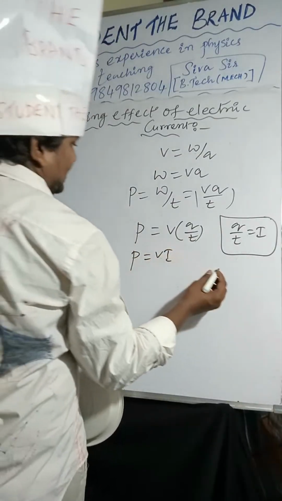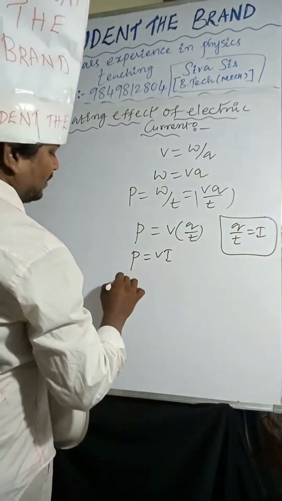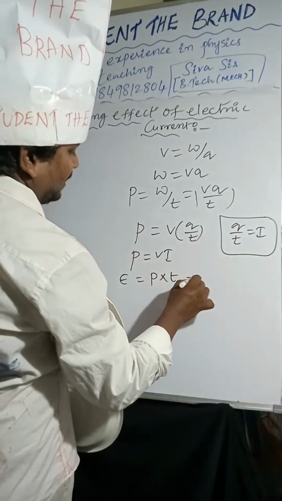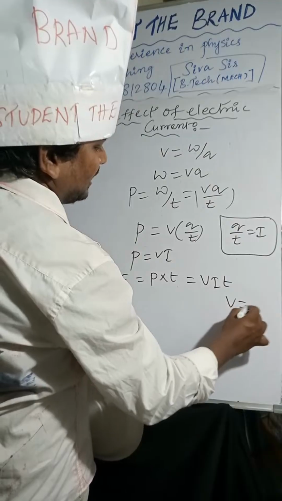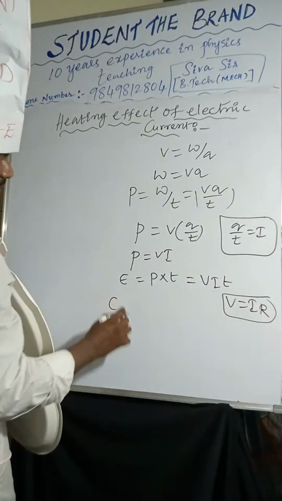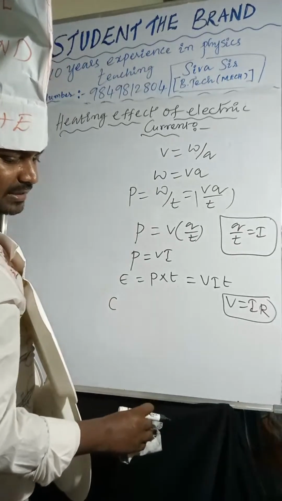So energy is given to the conductor. So E equal to P into T. P equal to VI, and T. So we know V equal to IR from Ohm's law.